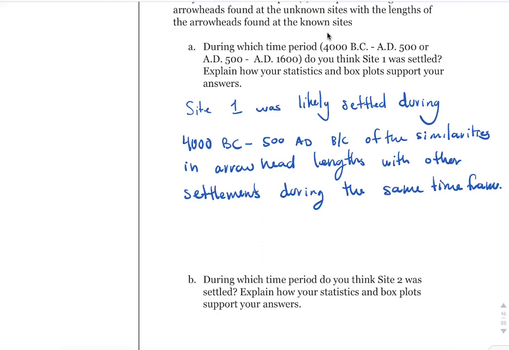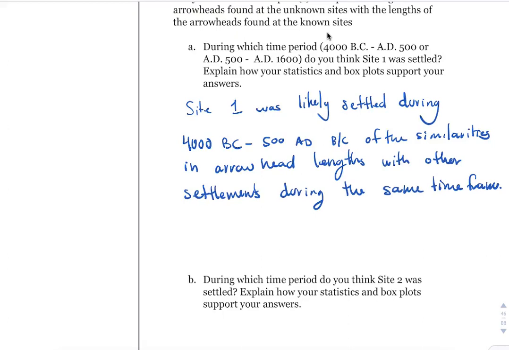Good. So site 1 was likely settled during that 4,000 to 500 because other sites with the same or similar data ended up in that same time frame.